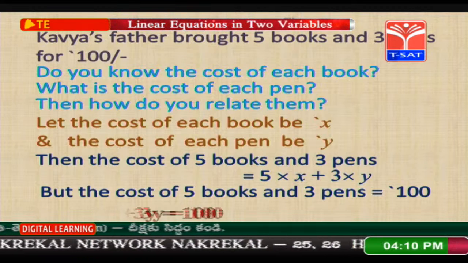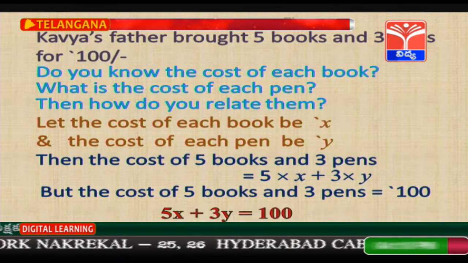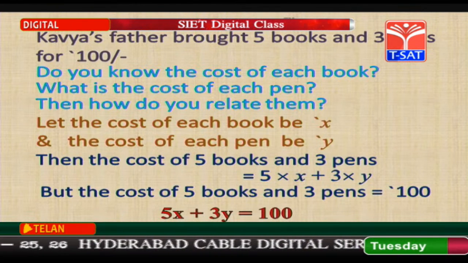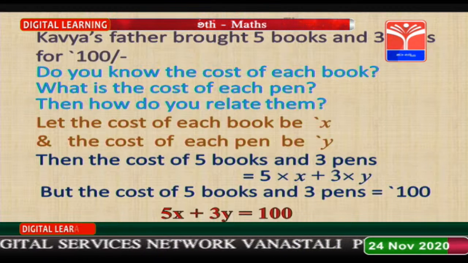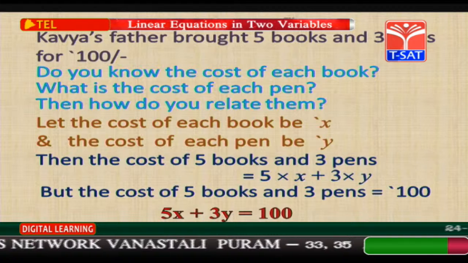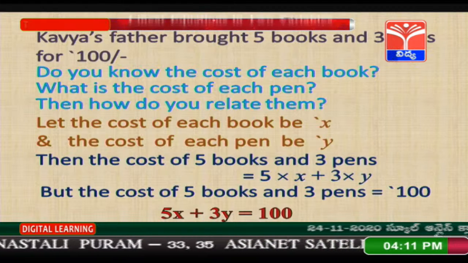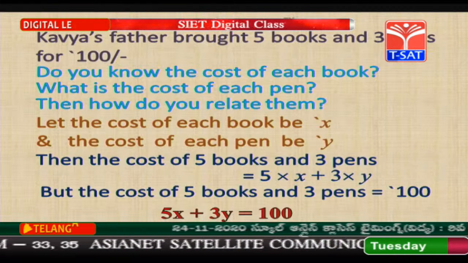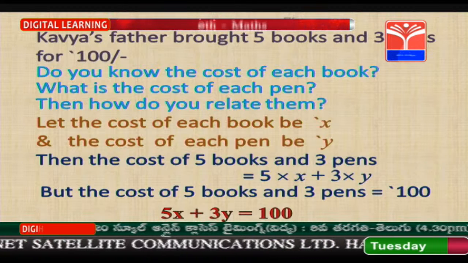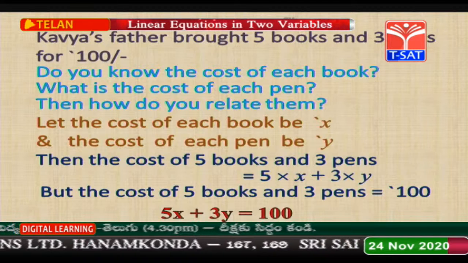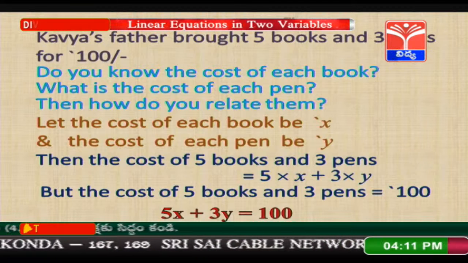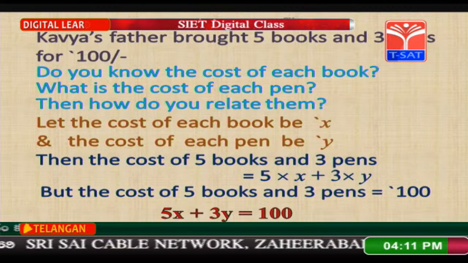Therefore, my equation becomes 5x plus 3y is equal to 100. That means x is the cost of each book, y is the cost of each pen. So 5 books plus 3 pens equal 100, which we show in equation form as 5x plus 3y is equal to 100.